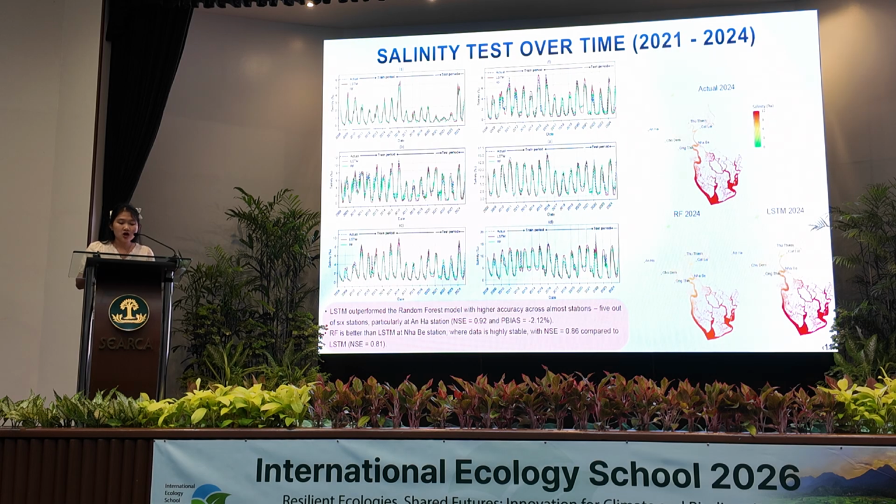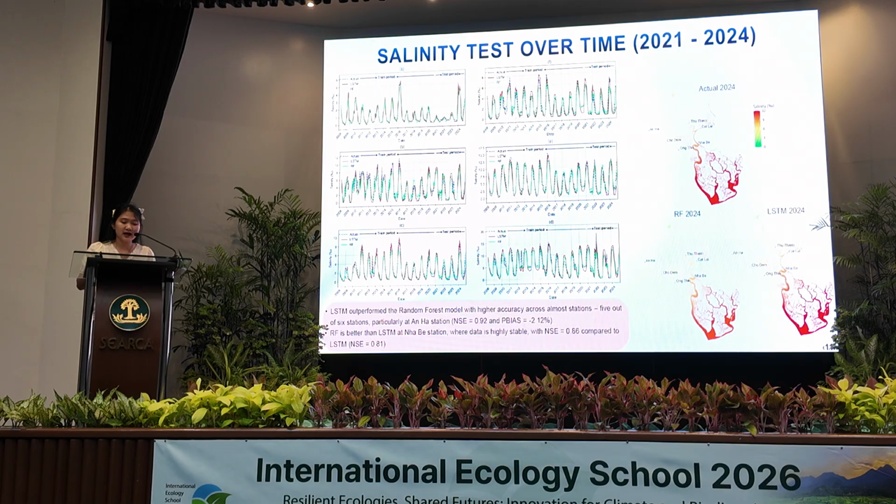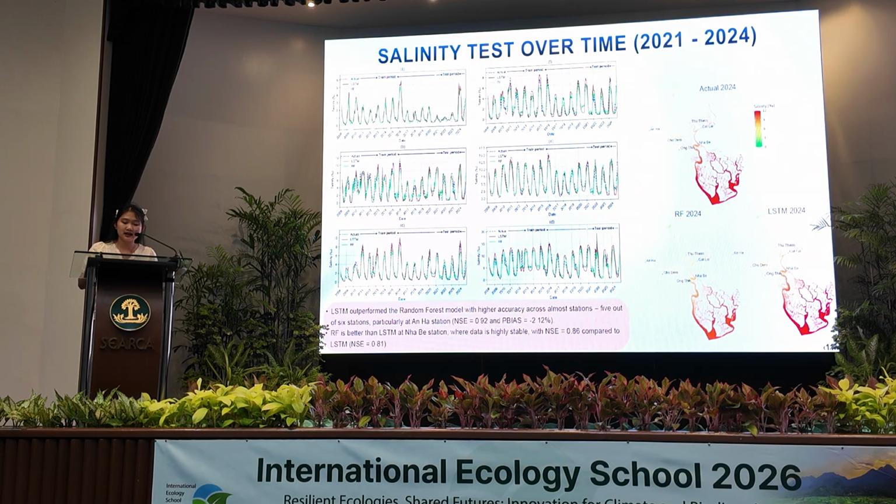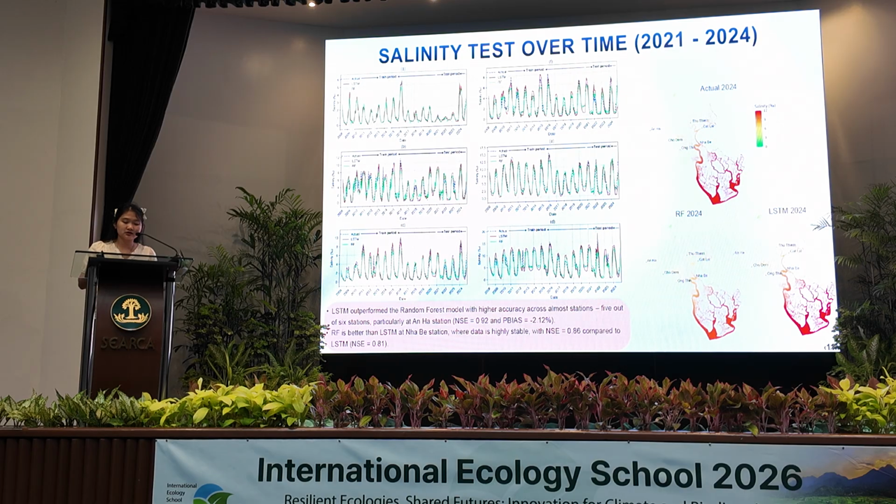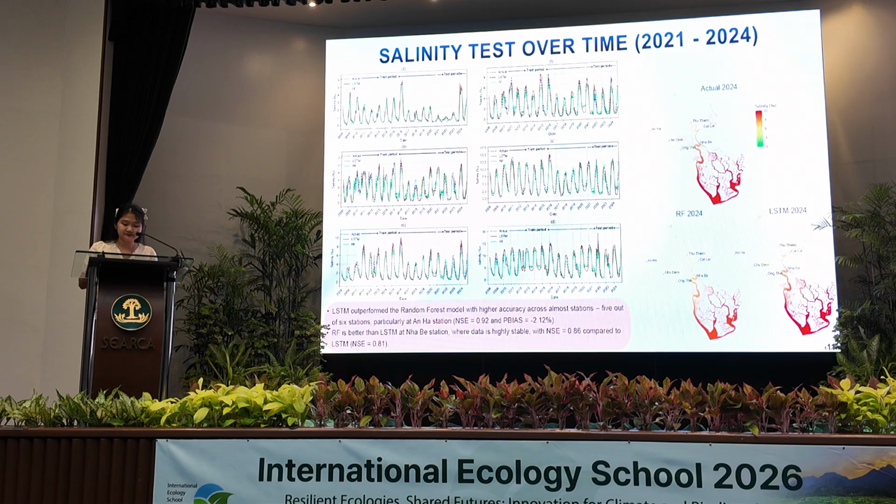In the future, long short-term memory shows that deep inland stations such as An Hạ and Thủ Thiêm have salinity fluctuating at low to medium levels, whereas stations closer to the sea maintain higher salinity levels, with maximum values reaching about 3 times those of the inland stations.